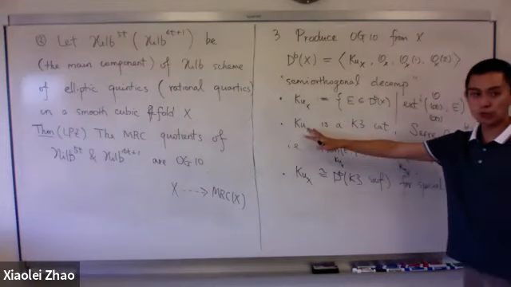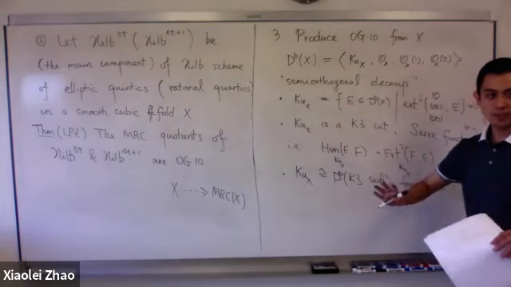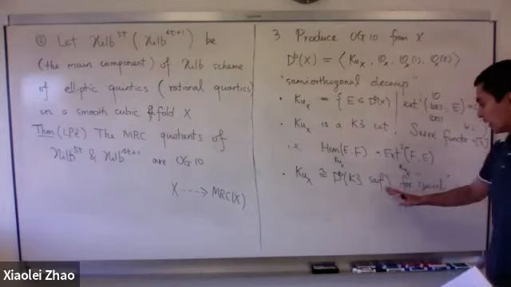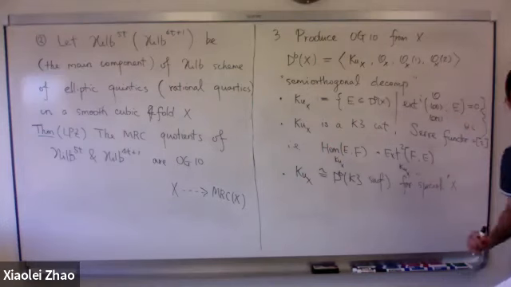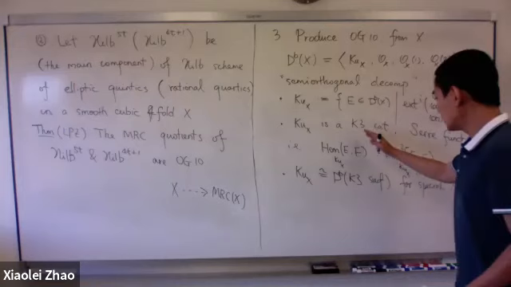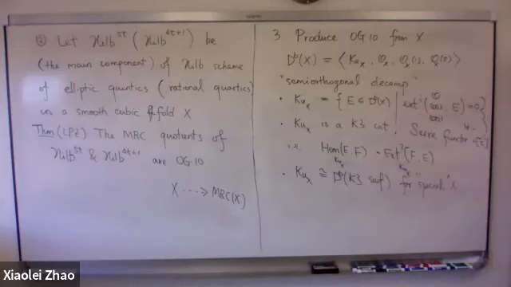You just get some triangulated category, but it doesn't come from D^b of some geometric surface. But for some special X, this kind of thing is actually true. So you really get this thing is sometimes geometric. Okay, so this is a useful fact about this category, generalizing what we have for a K3 surface.